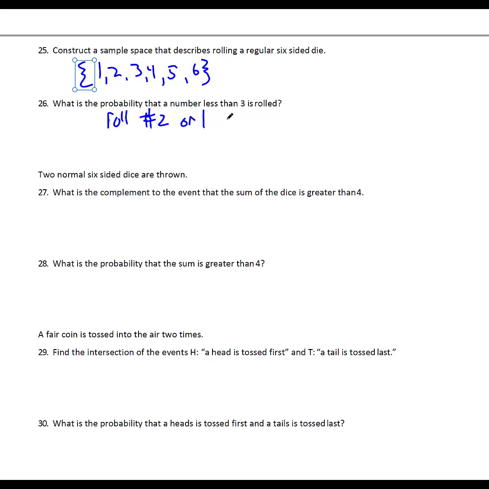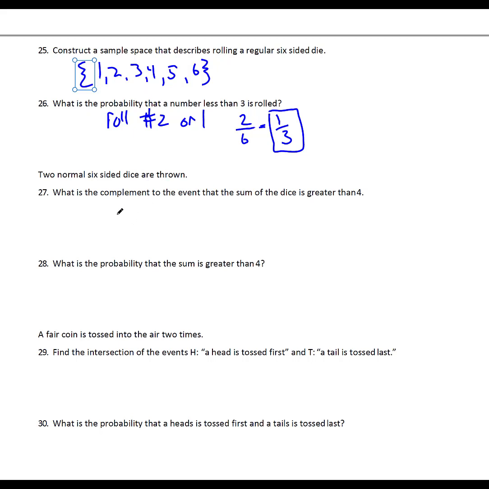So you have 2 options you could roll out of 6 overall. So your probability is 2 over 6, which we can reduce to 1/3. You have a 1/3 probability of getting a number that is less than 3 when you roll that die, because when you roll a 6-sided die, you can either get a 1 or a 2 that would be less than 3. And those are 2 options out of the 6 you have on that die.